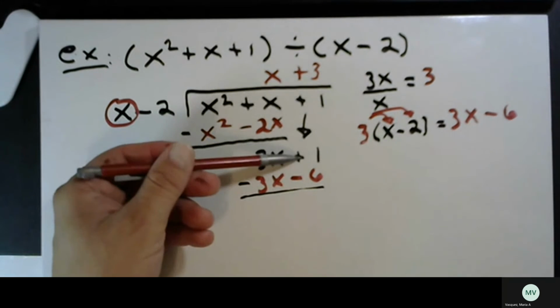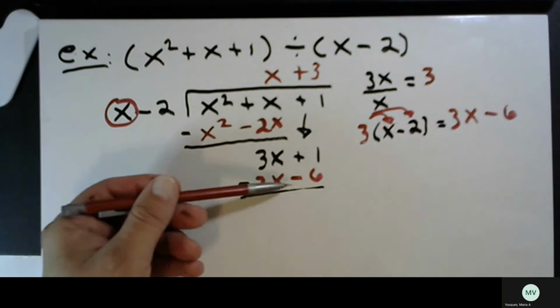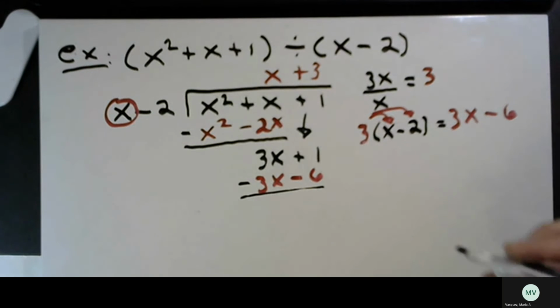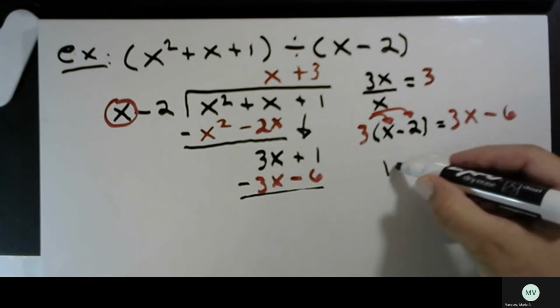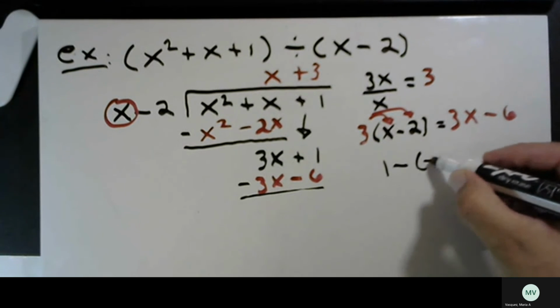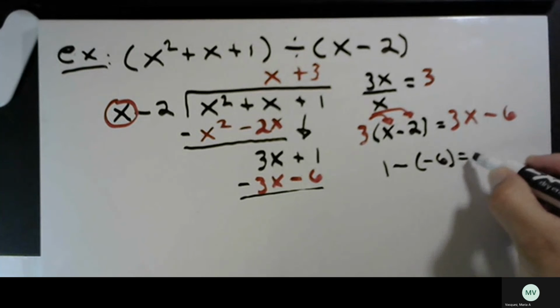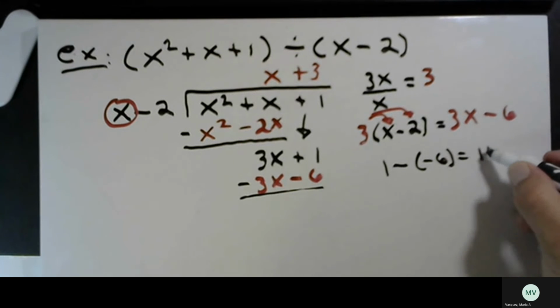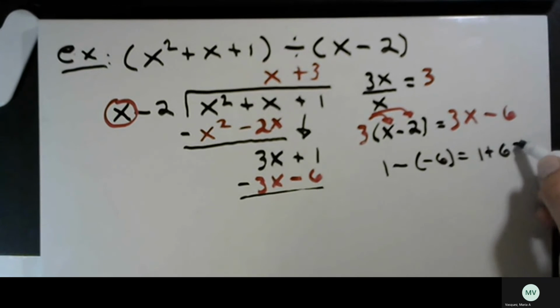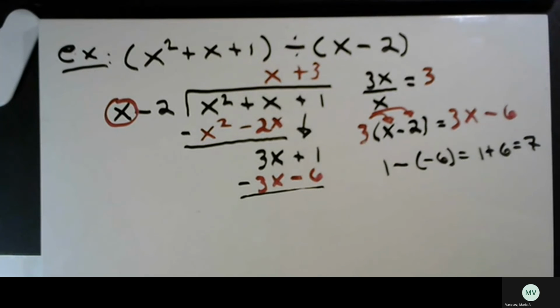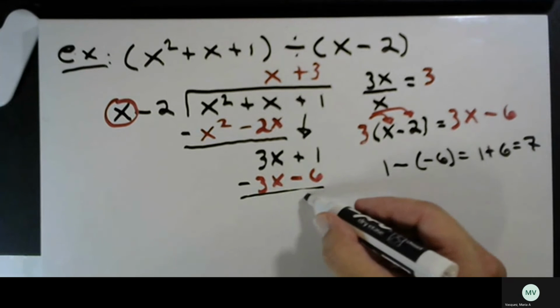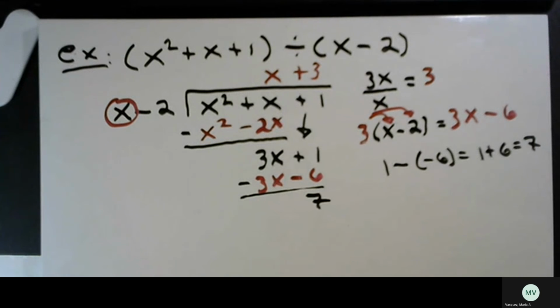But here you have a 1 minus a negative. You want to kind of keep an eye on that. You have 1 minus a negative 6. That's going to be 1 plus 6 because that double negative, or 7. So you're going to get 7.